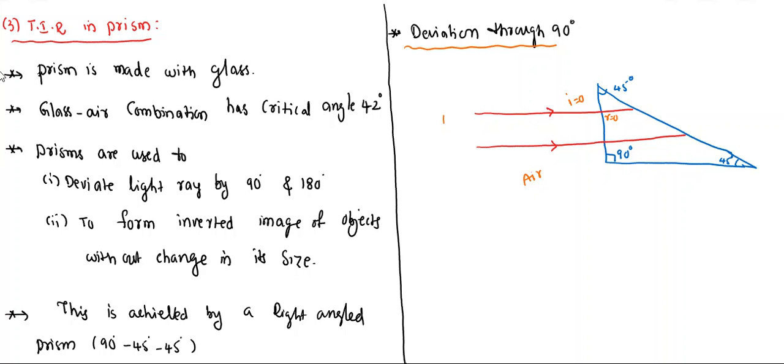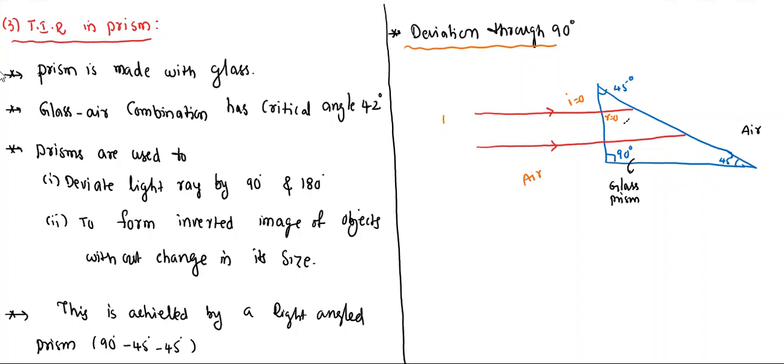But when we go to the second surface, here the light ray is moving from glass to air. This is air again, and this is the glass prism. Here we have to draw the normal for the second surface.